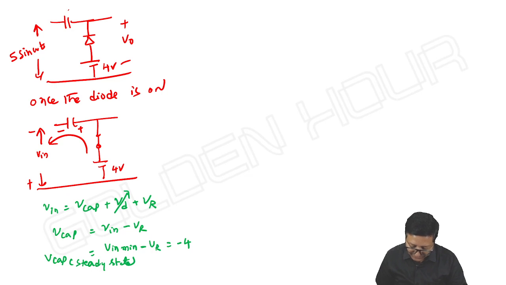V input minimum is minus 5 and minus 4. It is equal to minus 9.